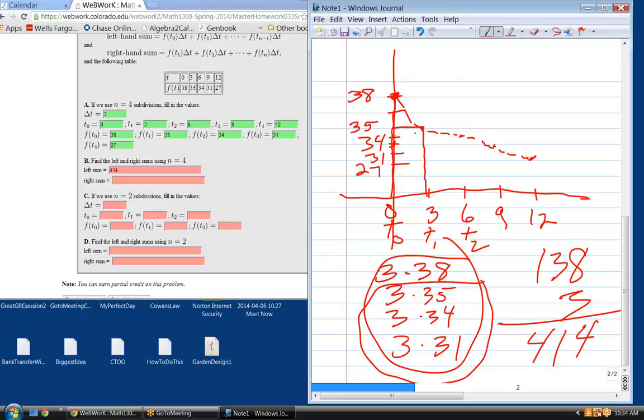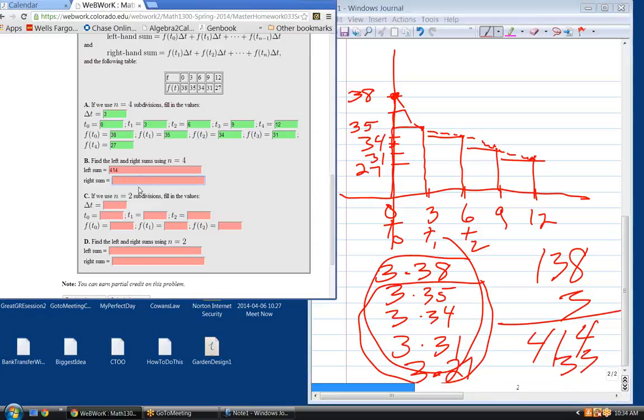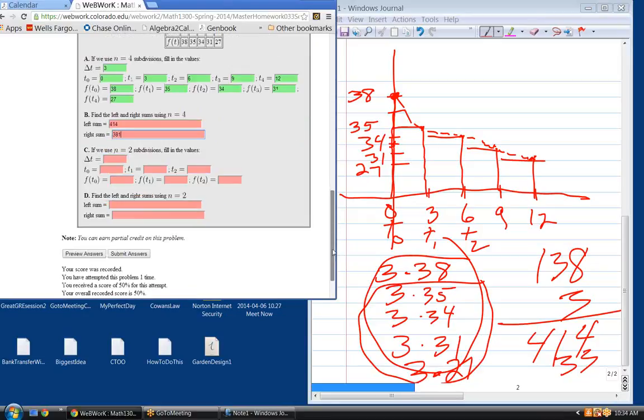So the right one is those 3, and the last one still has height. So yes, plus 3 times 27, which is going to take away 33 from this number. 381? Yeah, 381. You're right.